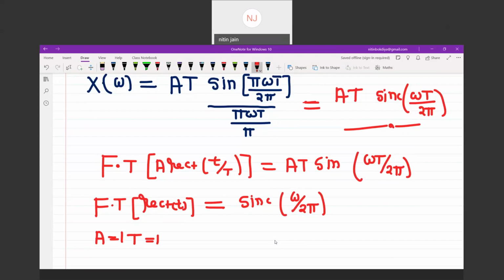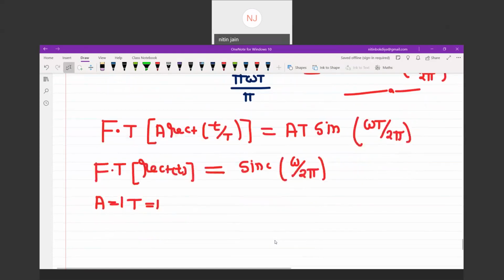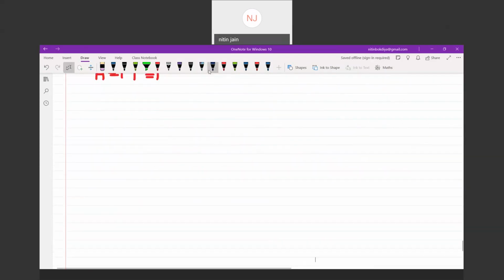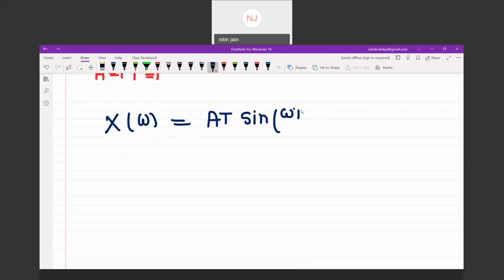Now, how to draw the spectrum of this function? What I can say, the X of omega is given by A into T sine of omega T by 2 divided by omega T by 2.